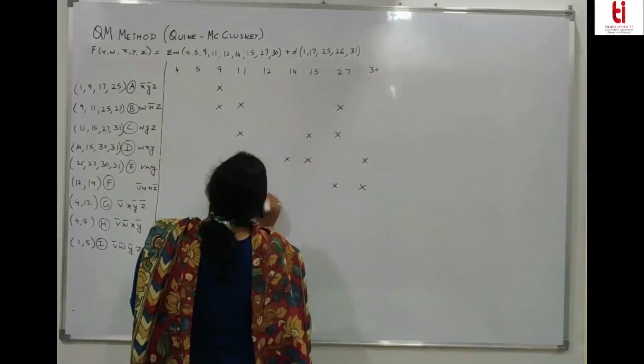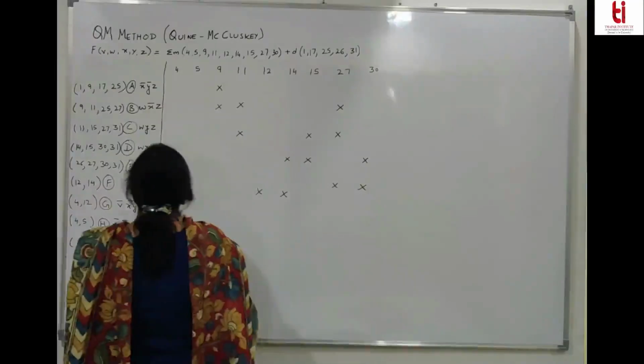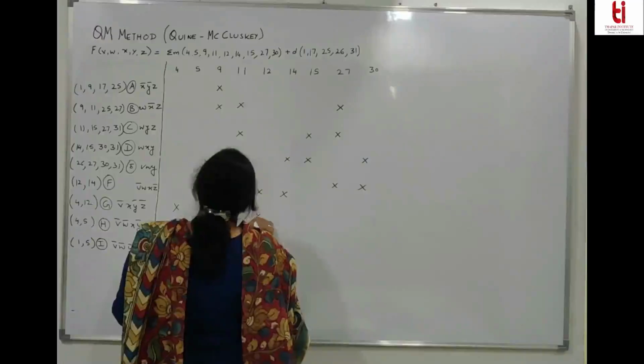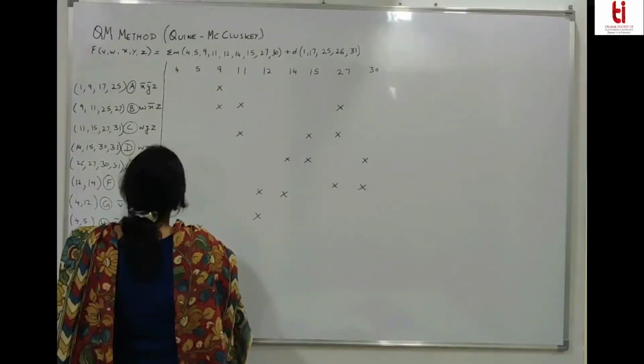So 12, 14, 4 and 12, 4 and 5, and 1 and 5.